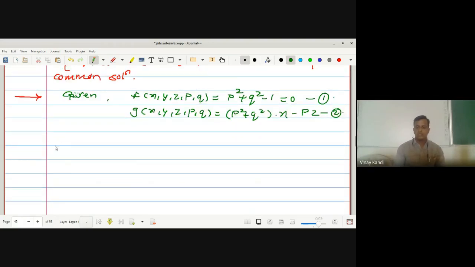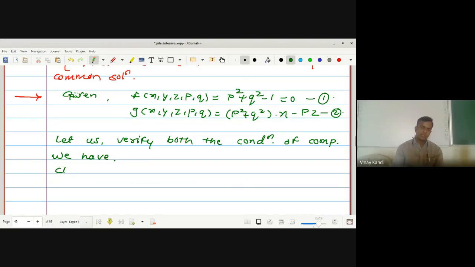Now we have to verify the condition of compatibility. Let us verify both the conditions of compatibility.